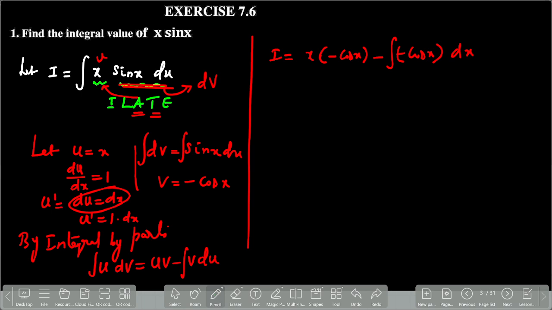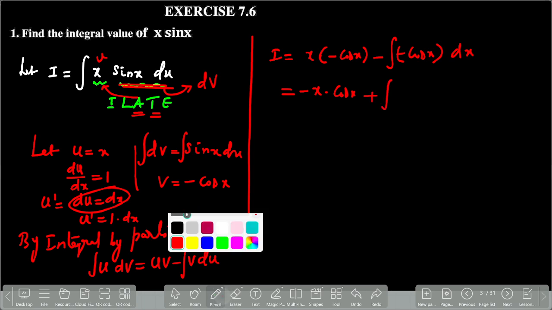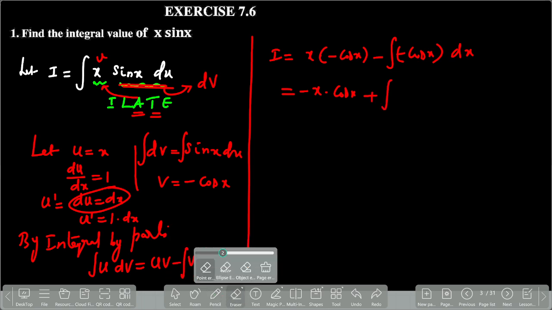Now rewrite: minus x into cos x, minus into minus plus integral cos x into dx. Students, any doubt up to this? Again I will explain, please listen.